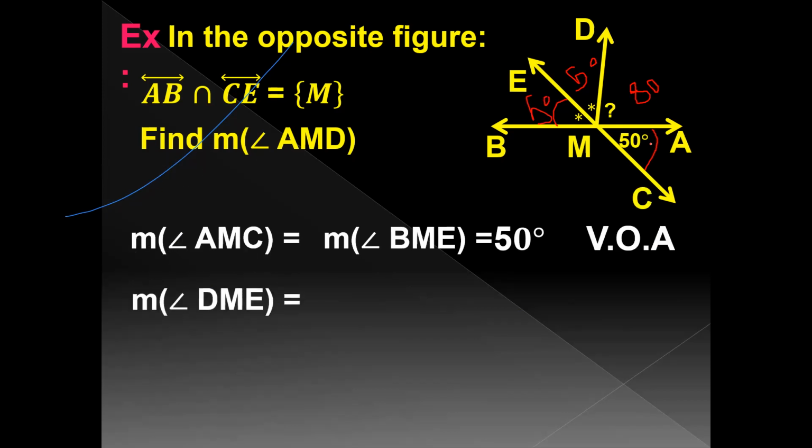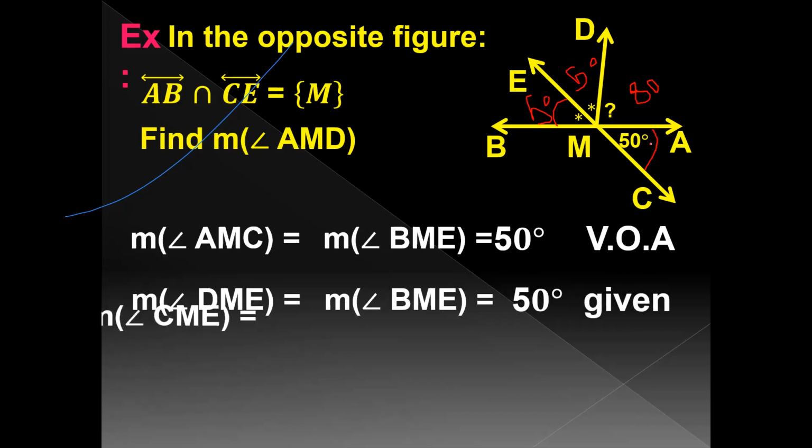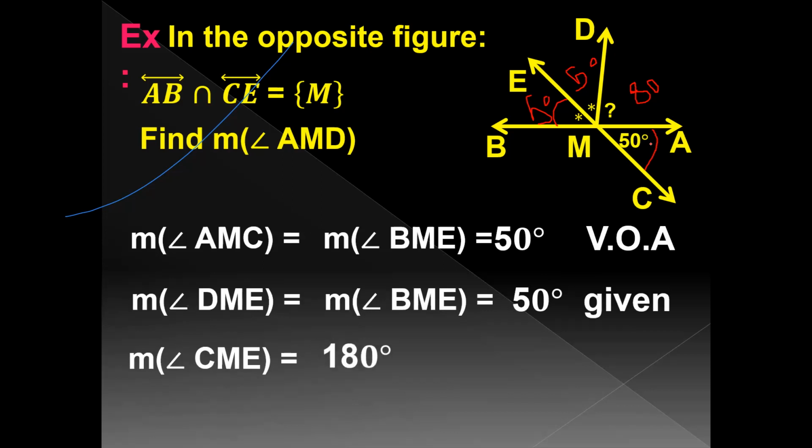And DME equals BME, which equals also 50 degrees. And the measure of angle CME equals 180 minus the sum of the other angles.